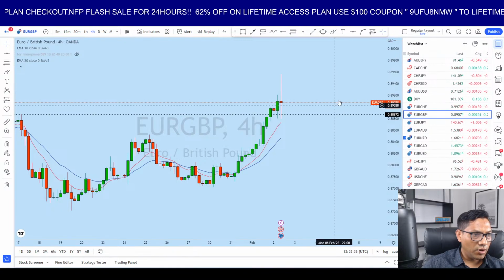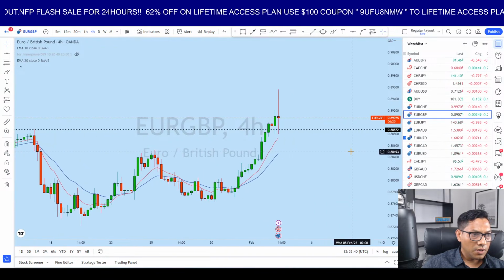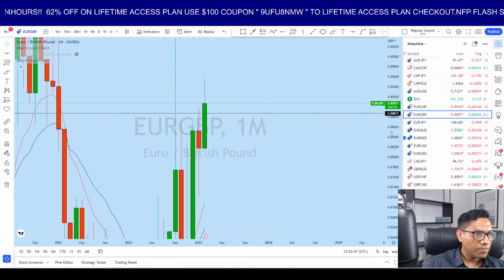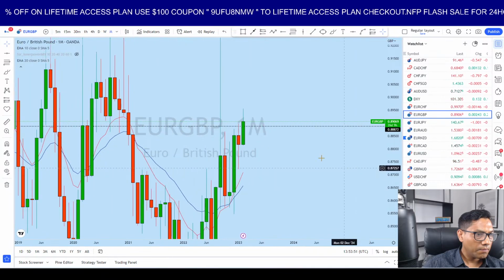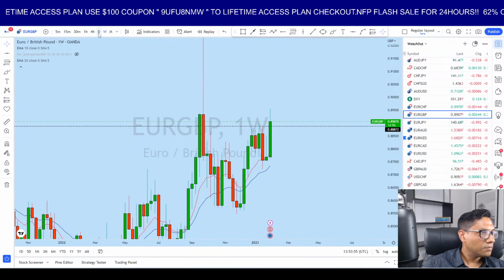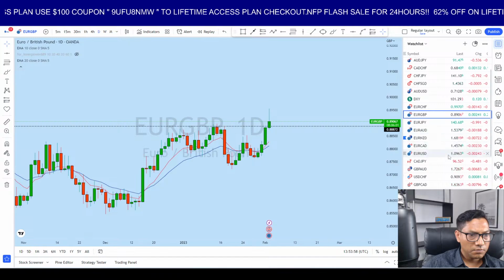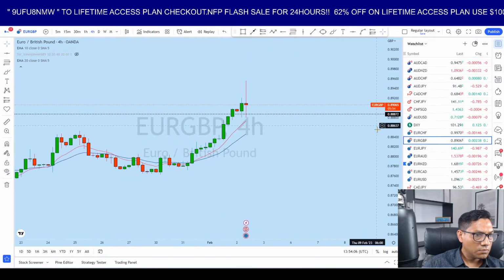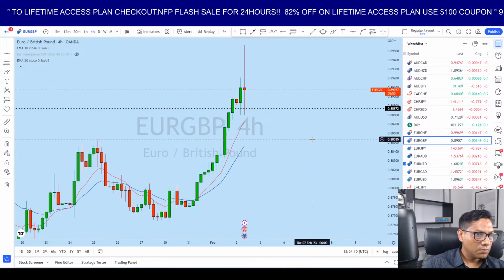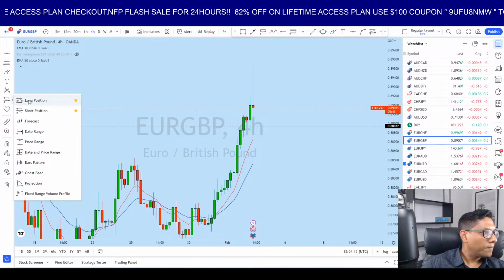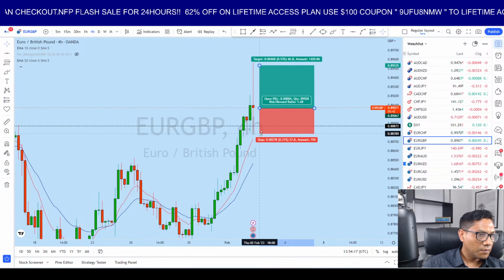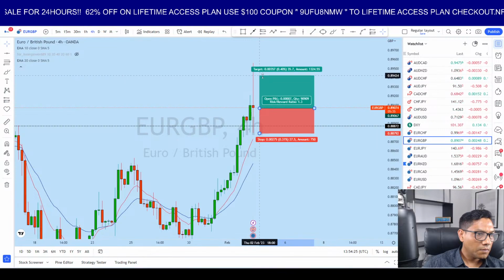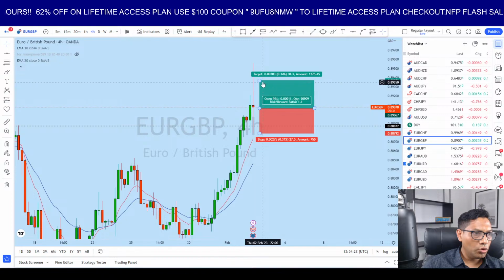Okay, for me, you see there is a narrow gap here, narrow doji. Okay, so we'll be buying Euro GBP now for short term.